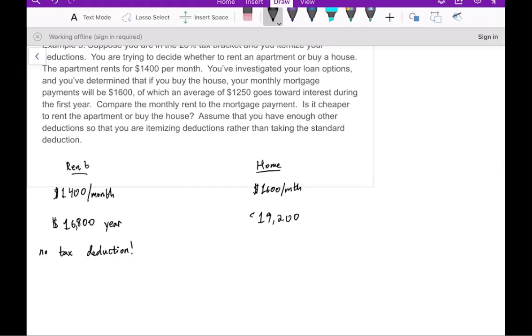But here's the trick, because an average of $1,250 per month is going towards interest. So if we multiply that by 12, $15,000 of this is going to be a tax deduction, right? So now in this case, you're paying $19,200, but only $4,200 of that will be taxable.